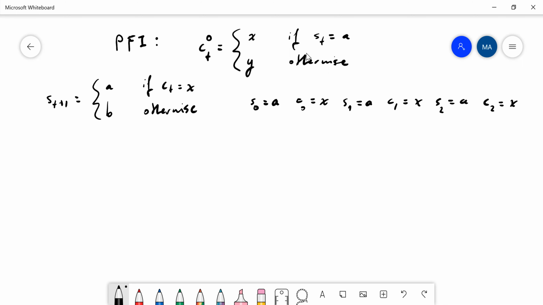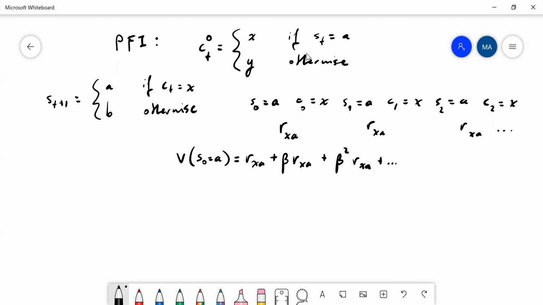Then you realize the rewards are always RXA. So if you start at S0 equals A, your value is RXA plus beta RXA plus beta square RXA, and that goes on. So at the end, you have RXA over 1 minus beta.